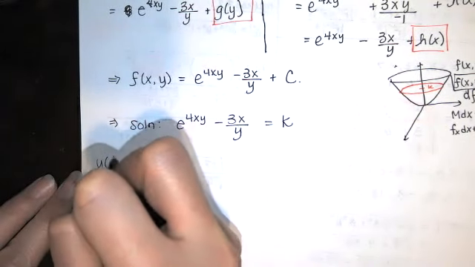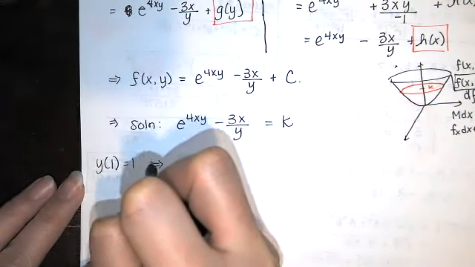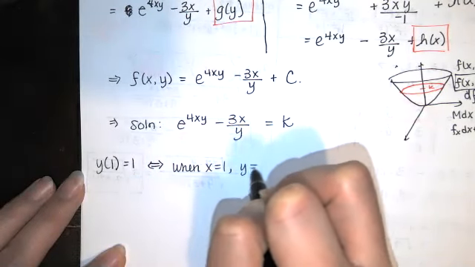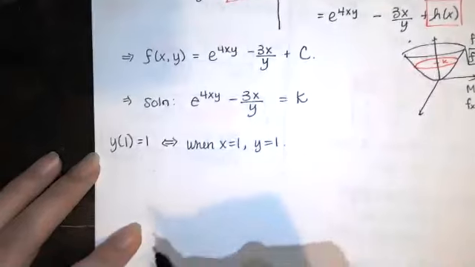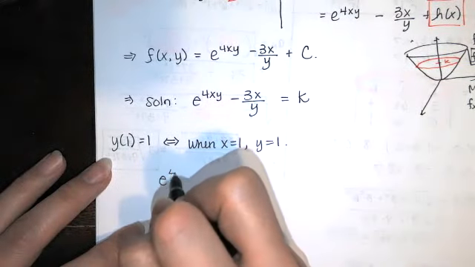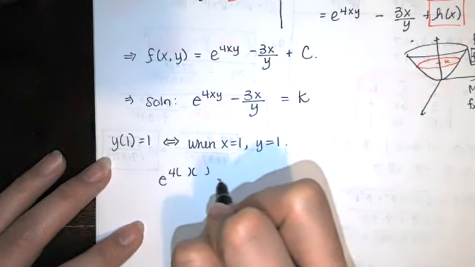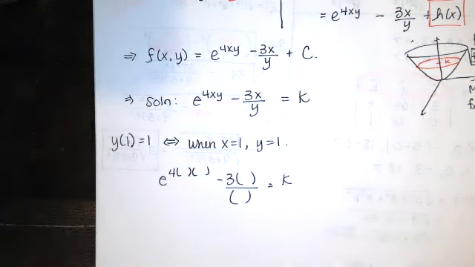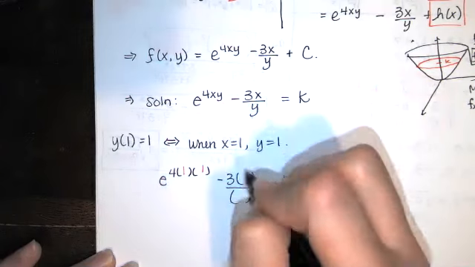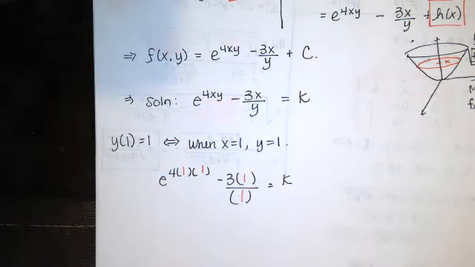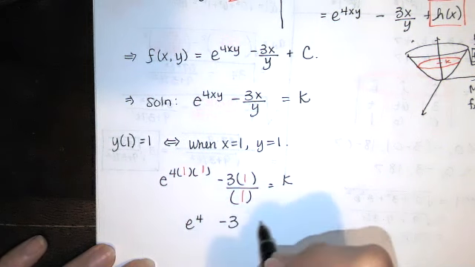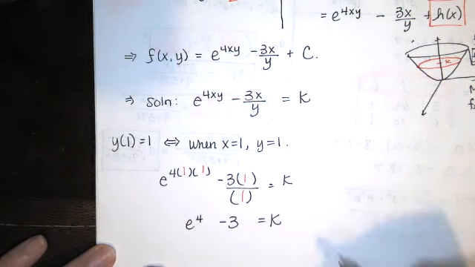Well, the initial condition is that y of 1 equals 1, and that means that when x is equal to 1, y is equal to 1. So when I substitute x equals 1 and y equals 1 into this equation, this is what I get. x is replaced by 1, y is replaced by 1. And so we end up with e to the 4th minus 3 is equal to k.